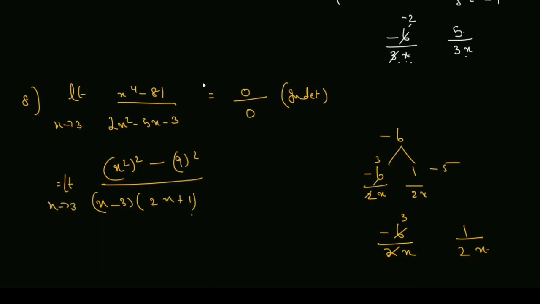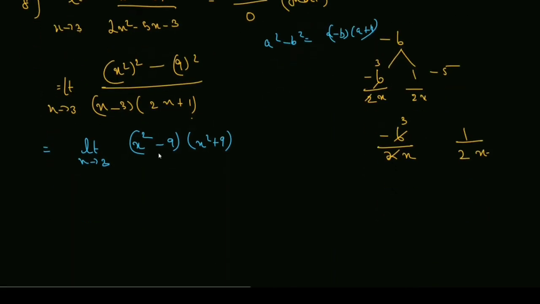This is now equal to limit x tends to 3. This is x square minus 9, isn't it? a square minus b square. I am just using a square minus b square. So x square plus 9 divided by x minus 3 into 2x plus 1.